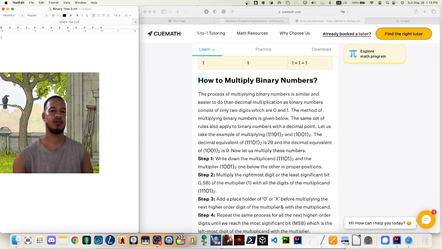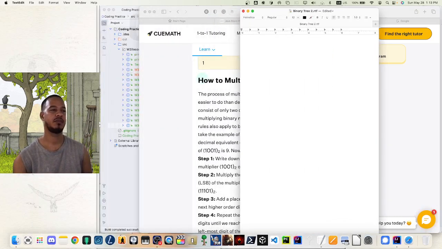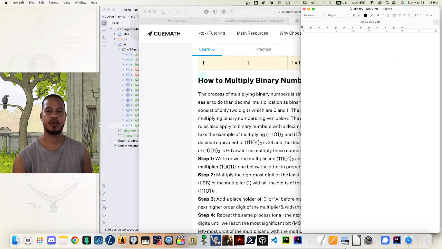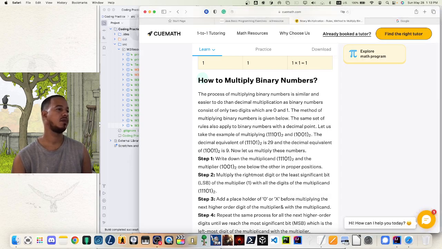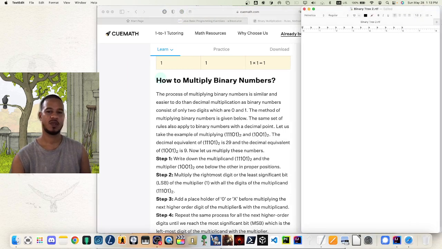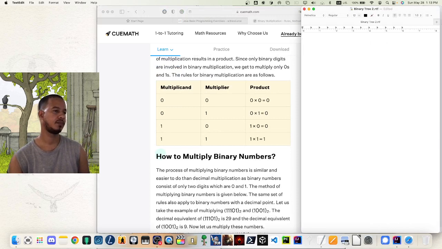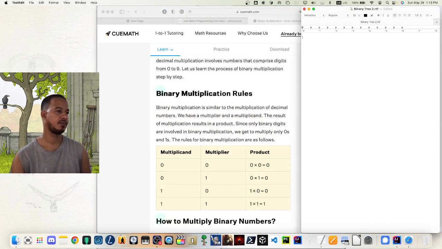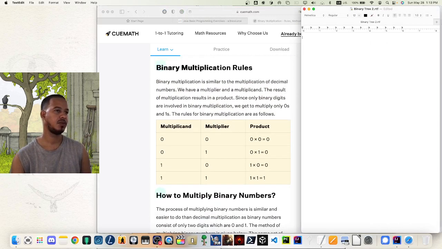All right, so let me bring this over here because we are going to need to do some writing now. Okay, that's much better. So multiplication rules. This is how we always prepare for the program.